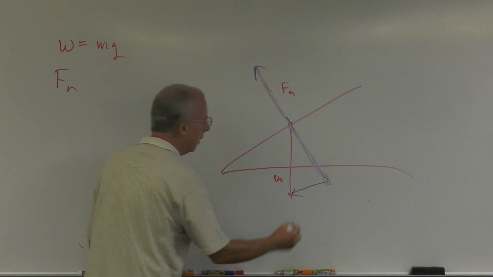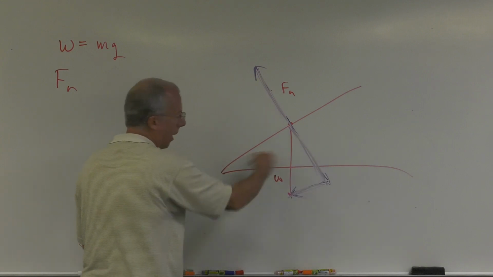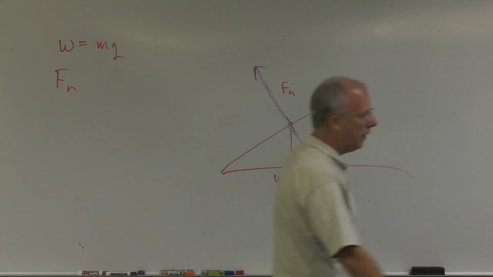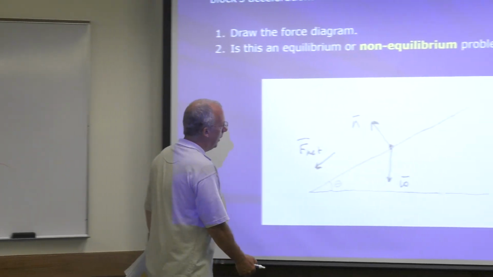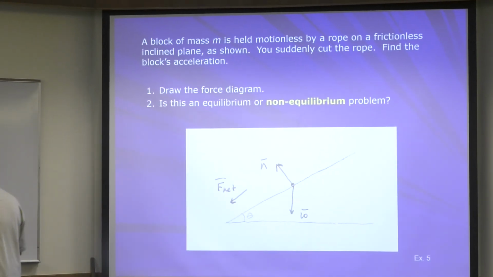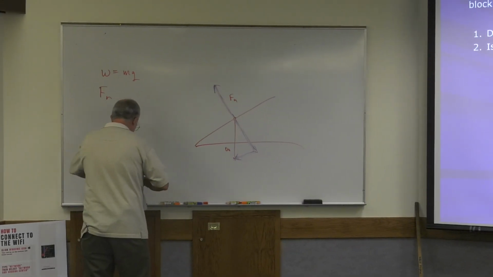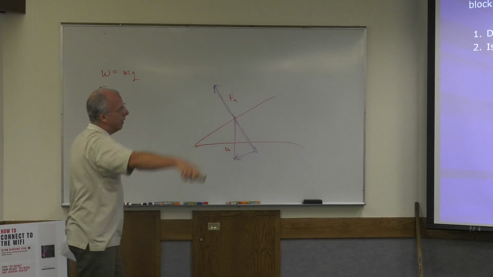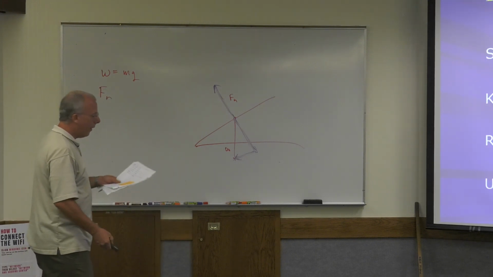So what's left? The only thing that's left is this piece, so that means it accelerates down the ramp. So the net force is down the ramp, and you know that from your experience. You let the thing go, it's going to accelerate down. No kidding. And again, you'll figure this out.